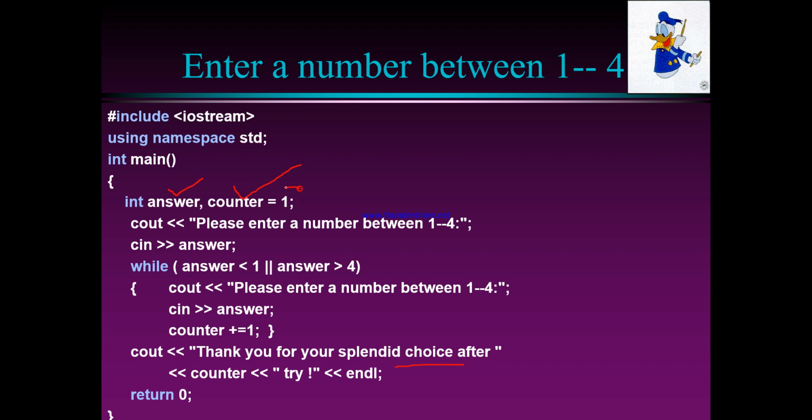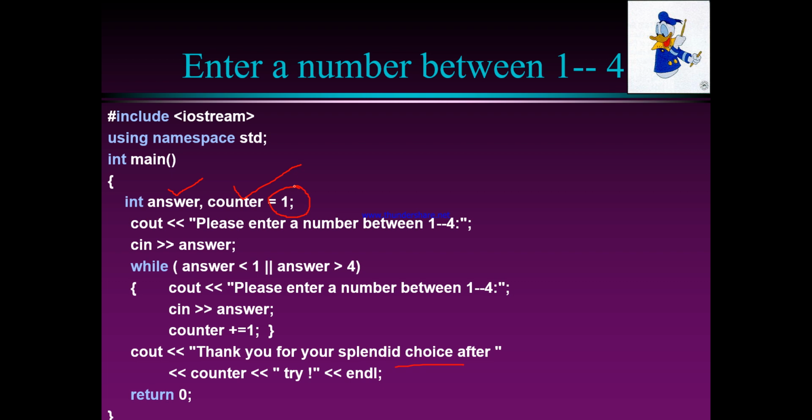So we will count for how many times a user gives an incorrect choice, meaning for how many times the user gives input other than the values, that is, less than 1 or greater than 4.